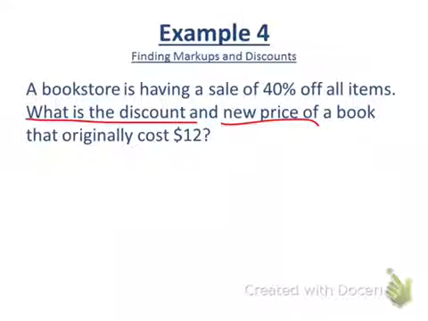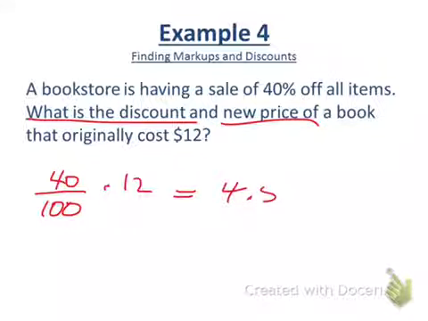The discount is 40% of, now you guys, it's really dangerous that you can do these problems in your head. Because what happens when you run across one that you can't? So the process is important. The discount is 40% of $12. If you did the math there, that would be $4.80.